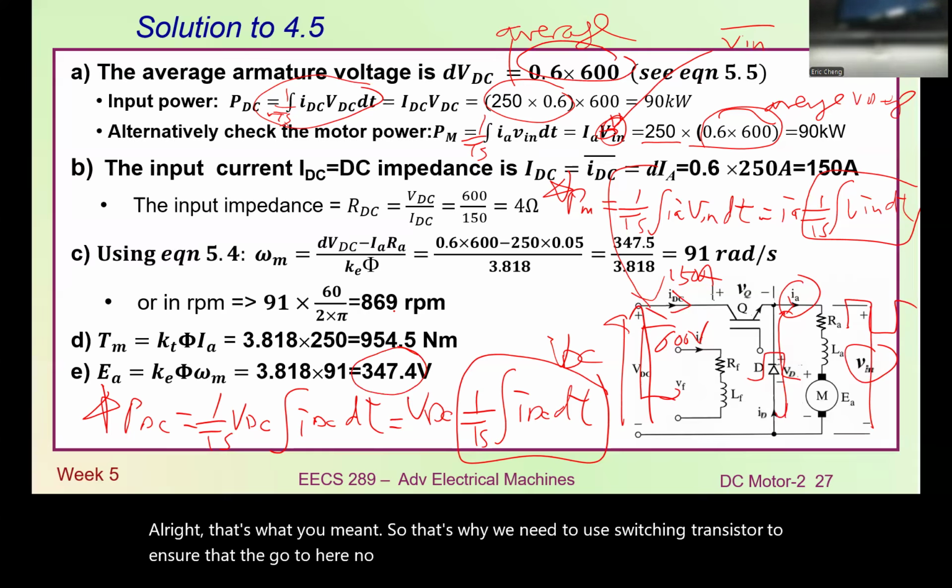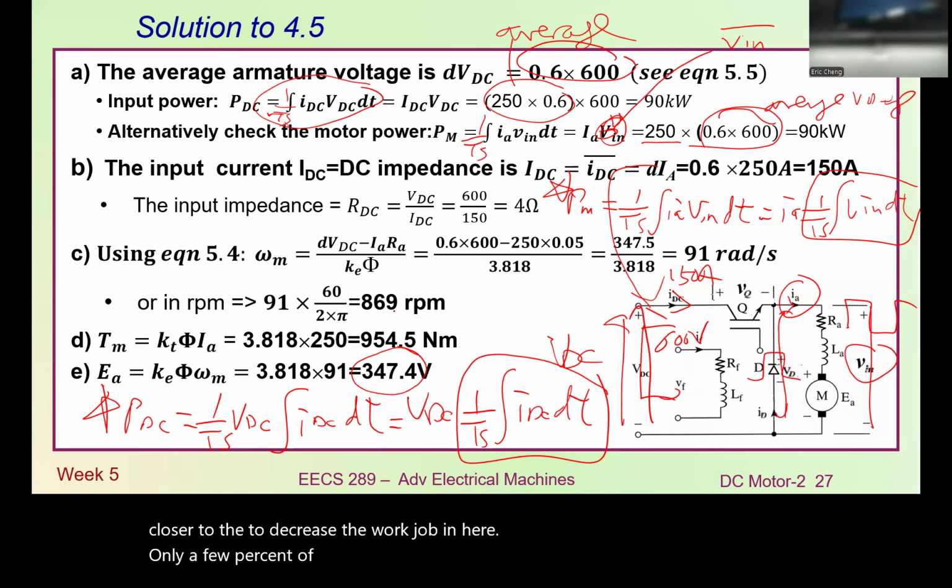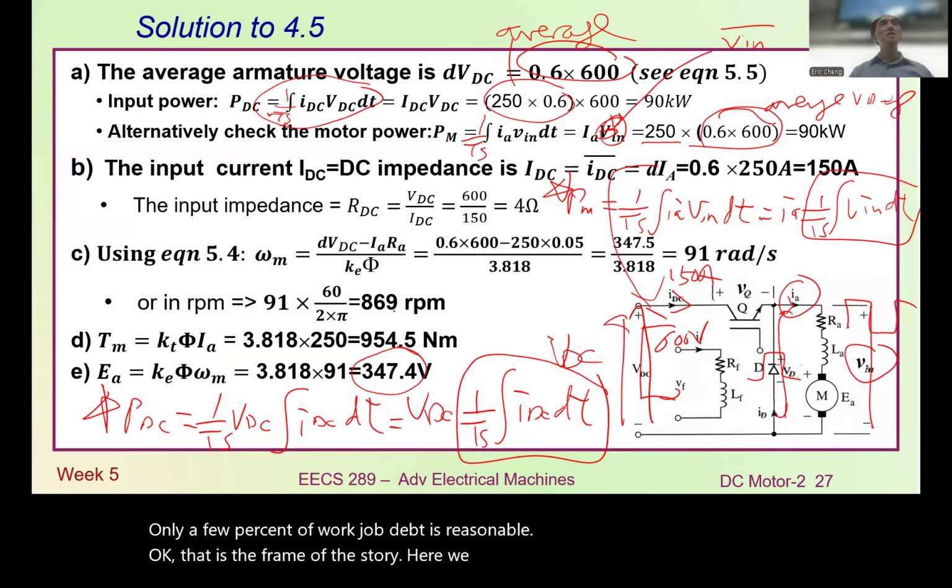We switch it to a much lower voltage, closer to the back EMF, to decrease the voltage drop. Only a few percent of voltage drop is reasonable. That is the theme of the story here. We use a simple power electronic chopper to adjust the voltage to the motor.